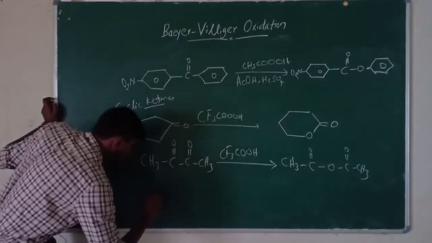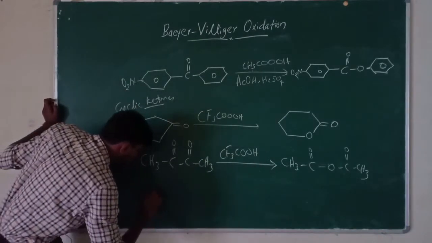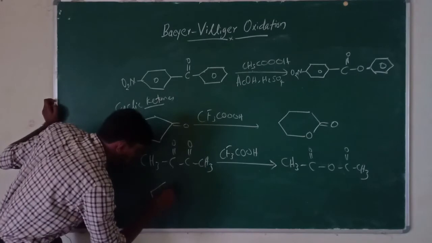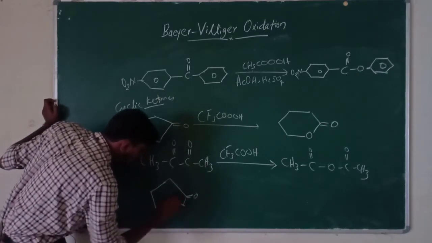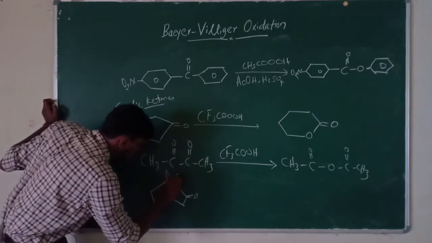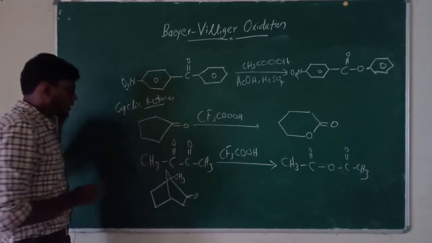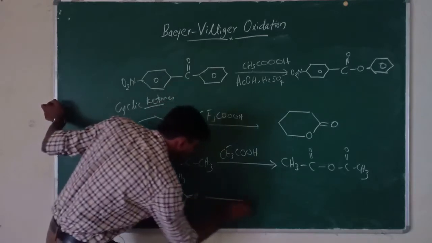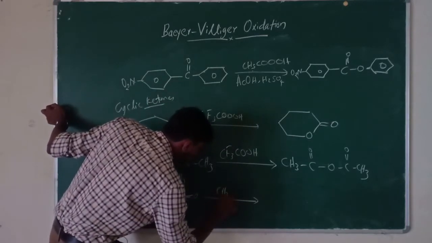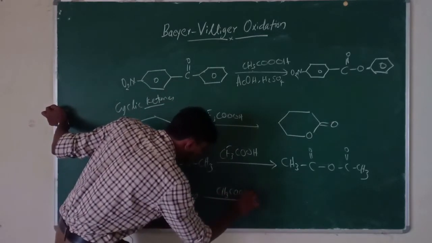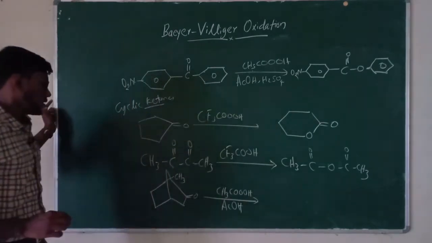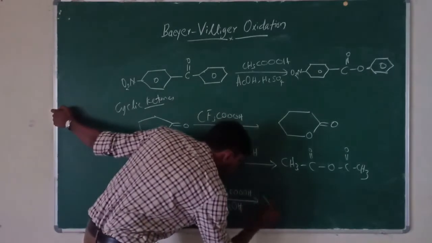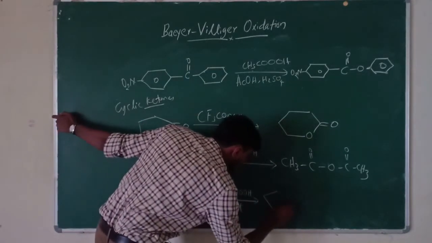Another example for Baeyer Villiger oxidation, consider this ketone with CH3 here. On reaction with CH3COOH, a peracid, and AcOH, the product formed will be this one.